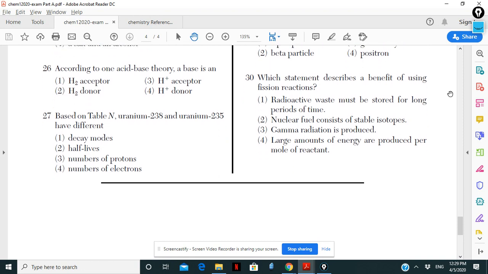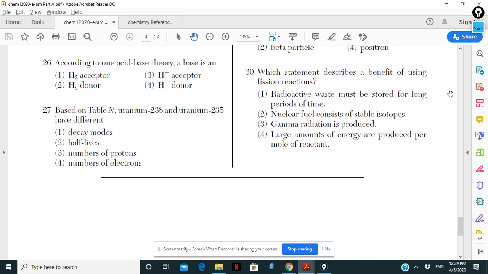Question number 30, the last question for part A. Which statement describes a benefit of using a fission reaction? In fission, I'm splitting the atom so I get more energy, high energy. That's nuclear energy, so that's a benefit. Let's read the multiple choice to see if something matches our knowledge.